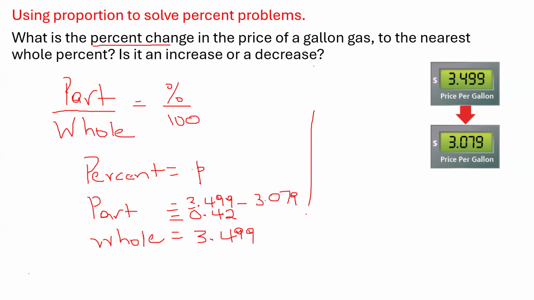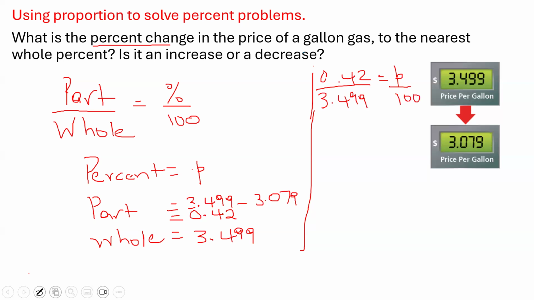So now that we have written down our information, what we know, we are going to substitute these values back into our proportion. So our part is 0.42 over our whole, which is 3.499, equals P over 100.